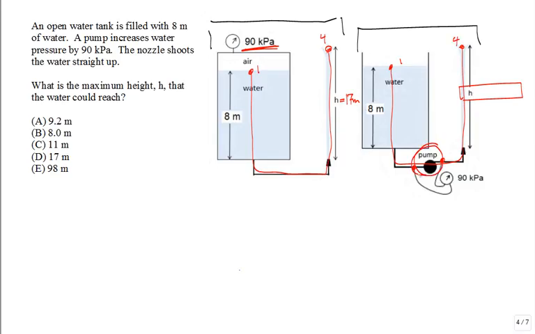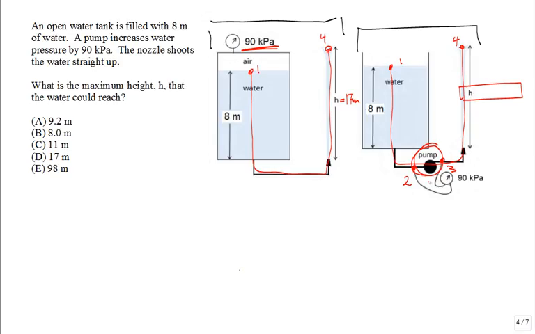When it goes through the pump, you put that as state 2 and that as state 3. There's going to be a boost in pressure from 2 to 3 without a change in the kinetic energy or the elevation. The pump just has a pressure gain across it, or a head gain across it.